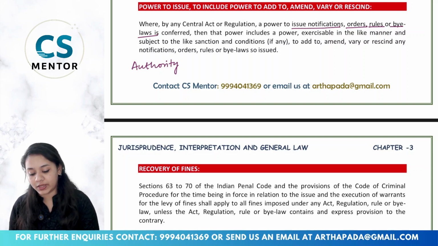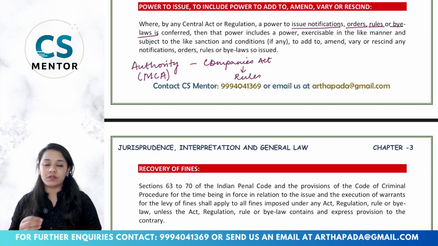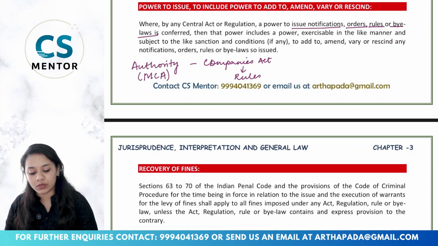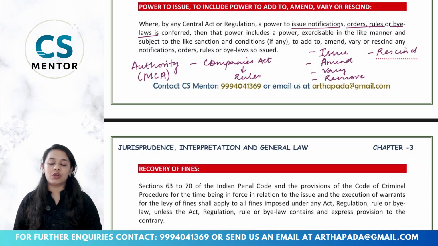So if some authority, let's say in this case the Ministry of Corporate Affairs, has the power to pass the rules under the Companies Act, okay, so if MCA has the power to issue notifications, orders, rules, or bylaws under the Companies Act, then we will assume that they not only have the power to issue, but they also have the power to amend, to vary, to remove, or rescind any one of these orders, rules, or notifications.